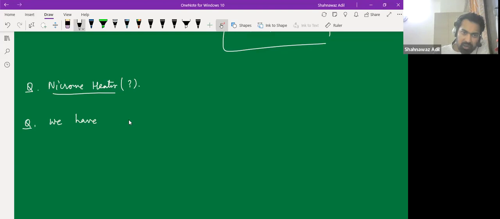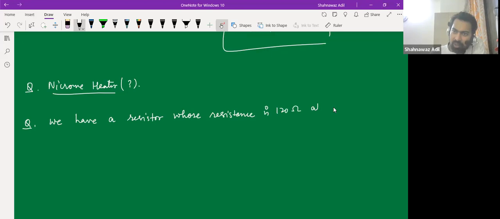We have a resistor whose resistance is, let's say, 120 ohm at 20 degrees, right?